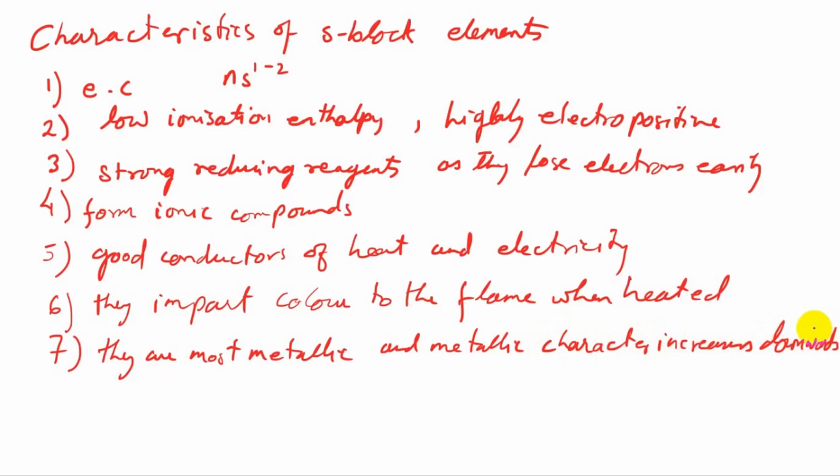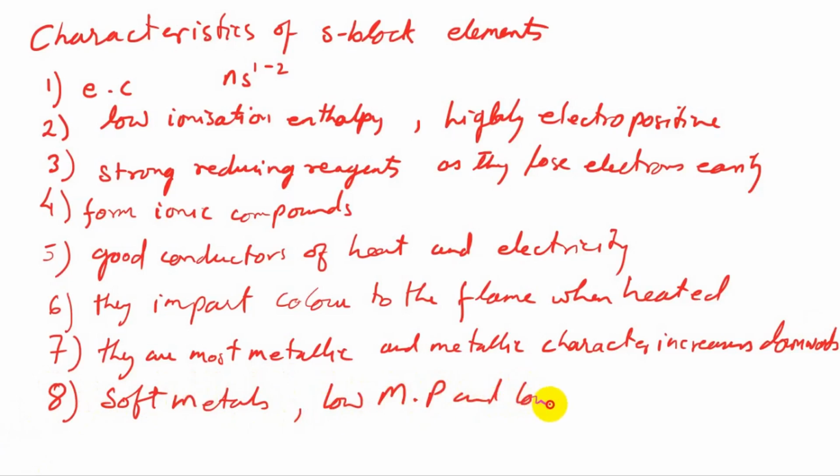As you go downward, the metallic character will increase. Clear? And then number eight, they are soft metals. Metals are generally hard, but these are soft. Why are they soft? Because they have low melting point and low boiling point. The melting point, boiling point are low. Have you all copied? Hurry up.